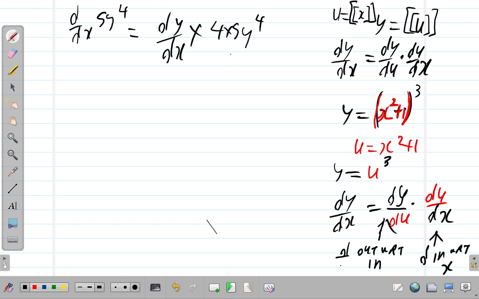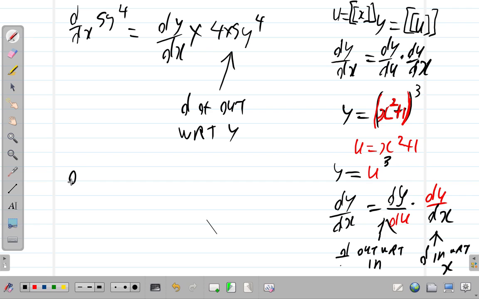See that? This is the derivative of the outside function with respect to y. Why do I say that?